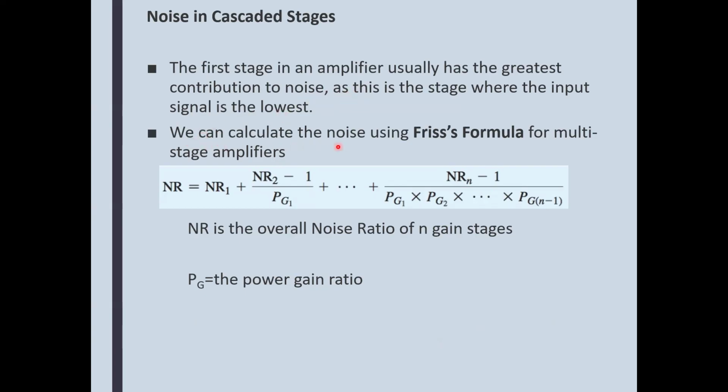We can calculate the noise using the Friis formula for multi-stage amplifiers, and here's the signal to noise ratio coming in, plus that minus one, and the power gain ratio and so on. So you could just keep doing that tapeworm of a calculation. Here's the formula.